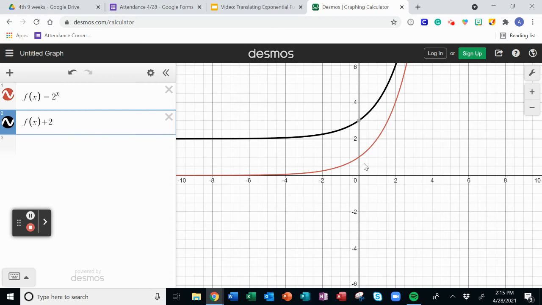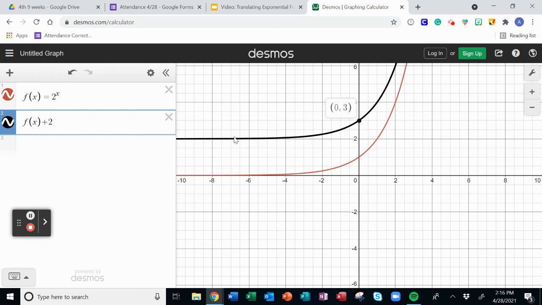All right, so the parent function is in red. And when I added 2 to the graph, my graph shifted up 2 units. So the number outside the parentheses determines if my graph moves up or down, shifts up 2 units. Notice my y-intercept has changed. Not only that, the entire graph shifted up.